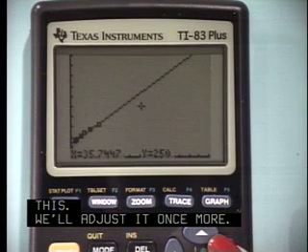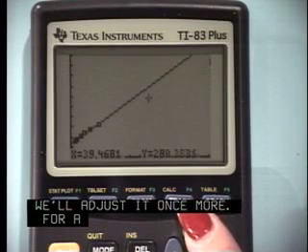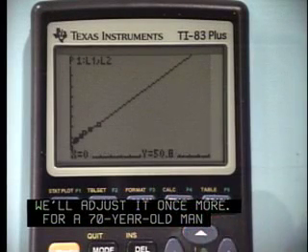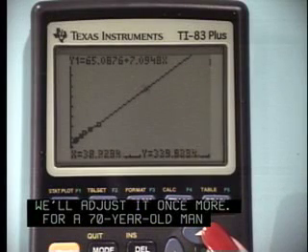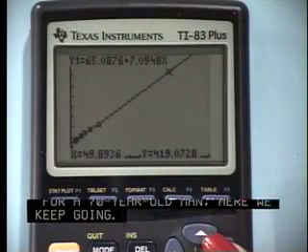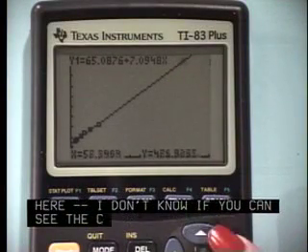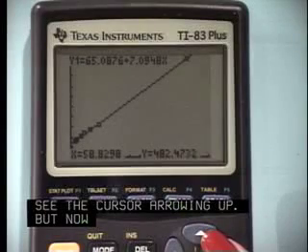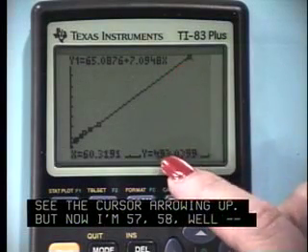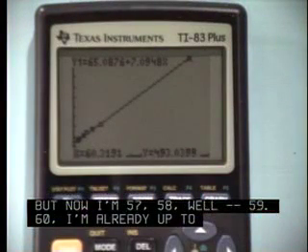For a 70-year-old man, we keep going. I don't know if you can see the cursor arrowing up, but now I'm at 57, 58, 59, 60. I'm already up to 493 centimeters for the height.